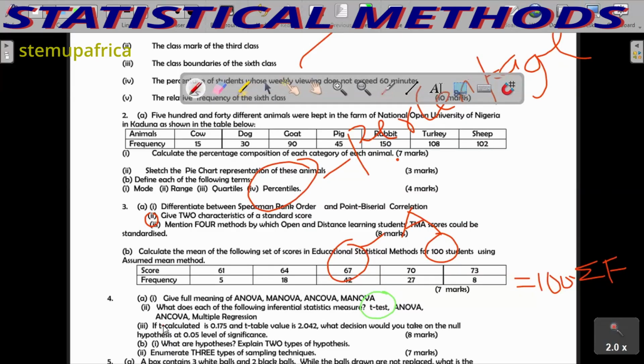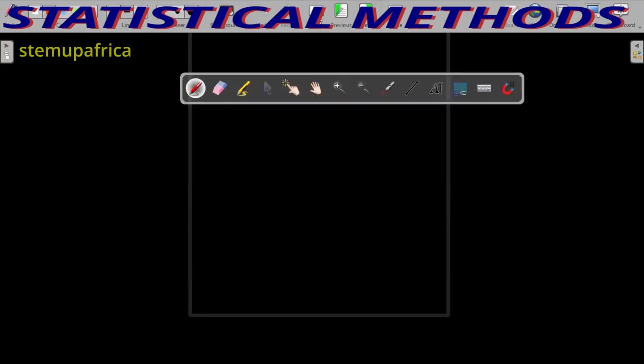Okay, they're asking, sorry, what does each of the following test for? So we are going to deal with ANOVA, ANCOVA, and the multiple regression.